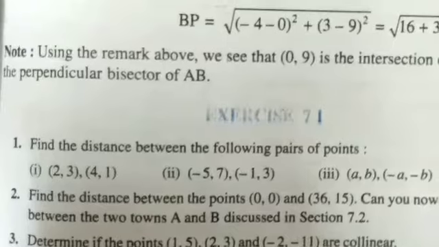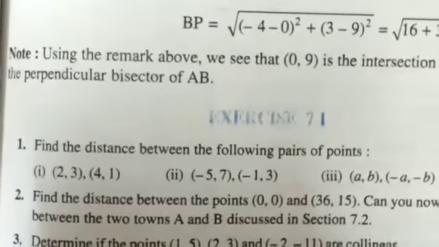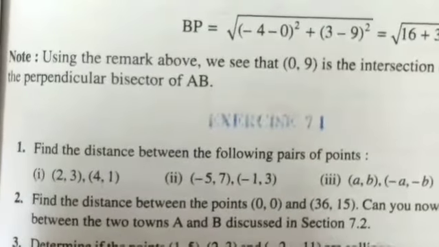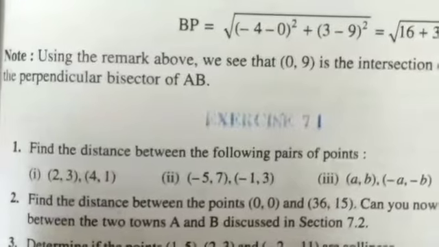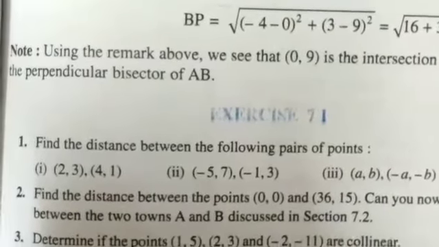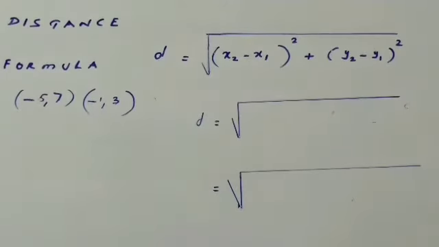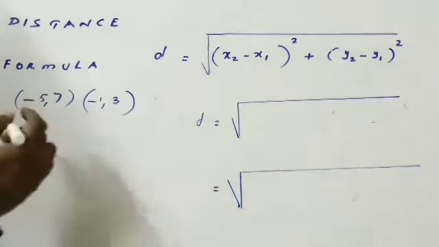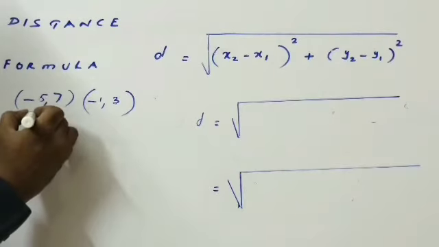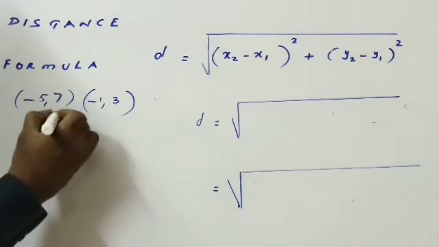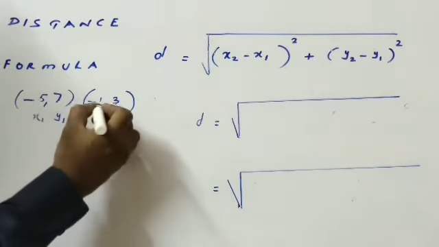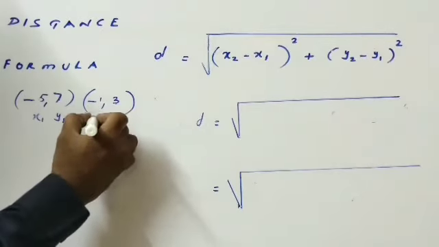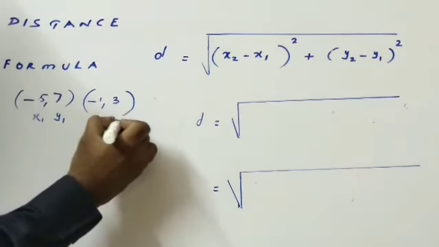Now the second subdivision of the first question, (minus 5, 7) and (minus 1, 3). Let the first point (minus 5, 7) be (x1, y1) and (minus 1, 3) be (x2, y2).